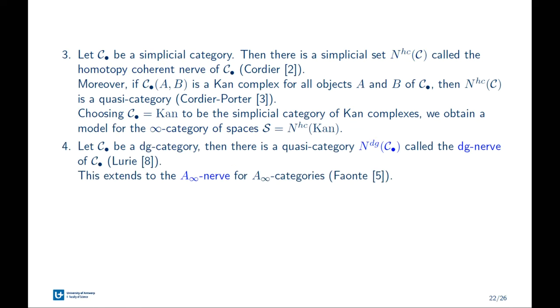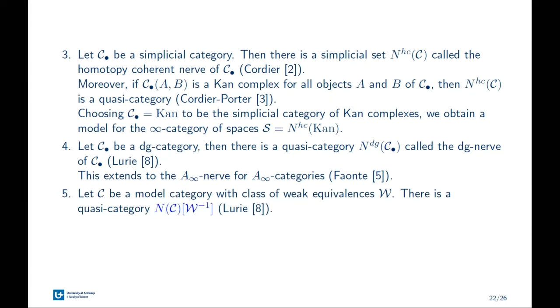Next example, if I start with a DG category C, then there's an associated quasi-category N_DG of C, which is called the DG nerve. It was invented by Lurie in Higher Algebra. And later it was extended to also be able to take a nerve of A-infinity categories, which is called the A-infinity nerve, which is done by Faonte.